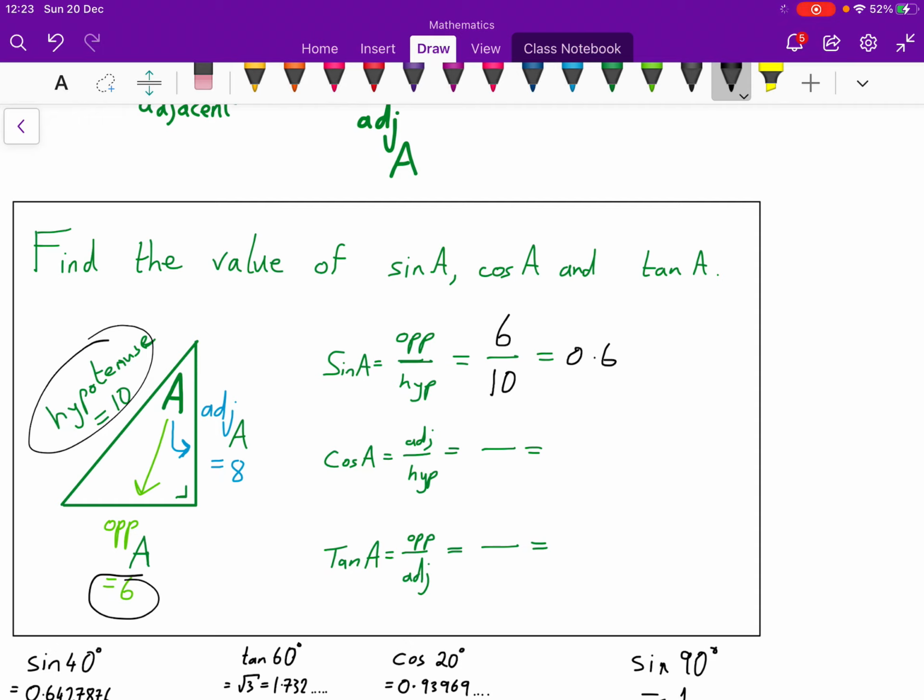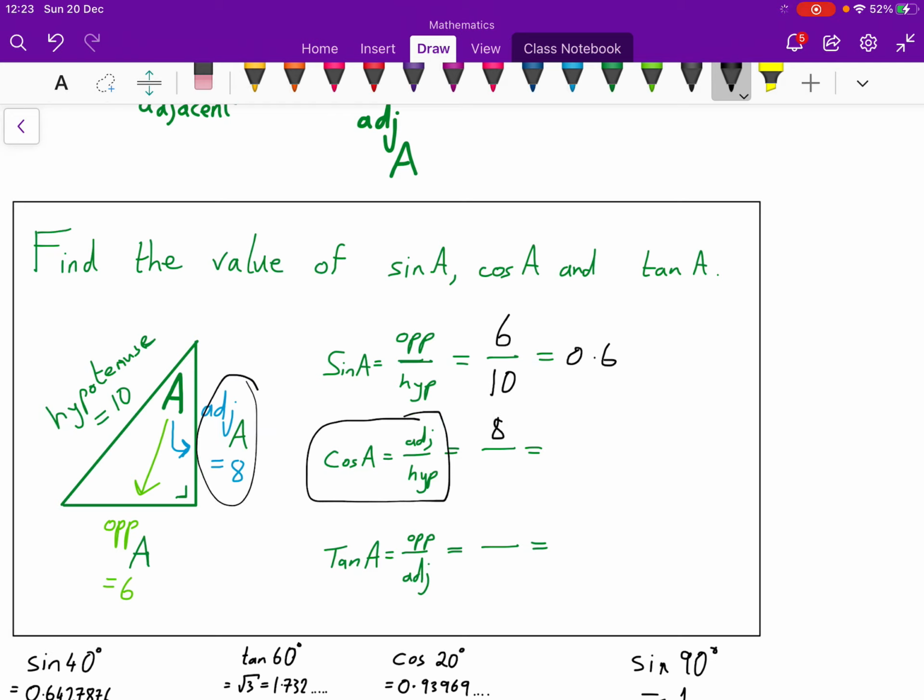I know you're kind of wondering what does that mean? We don't really know yet. At the moment we're just going to keep it simple. Cosine of angle A, we'll take a look at that one. It's the adjacent divided by the hypotenuse, or again caught a herring, or whatever rhyme you've remembered, but cos is adjacent divided by hypotenuse. So the adjacent is 8, the hypotenuse is 10, so fill that in. 8 divided by 10 is 0.8.